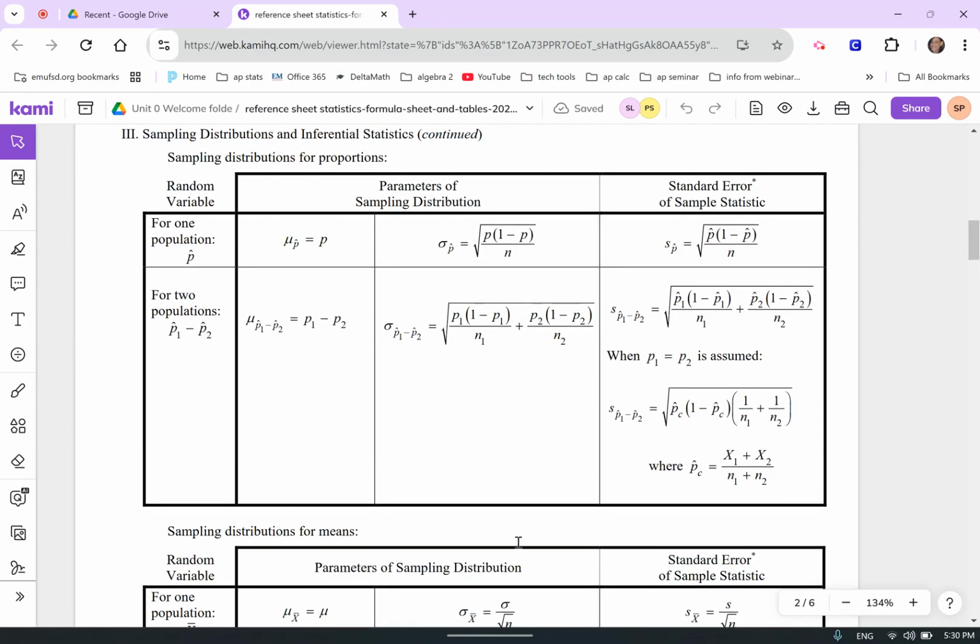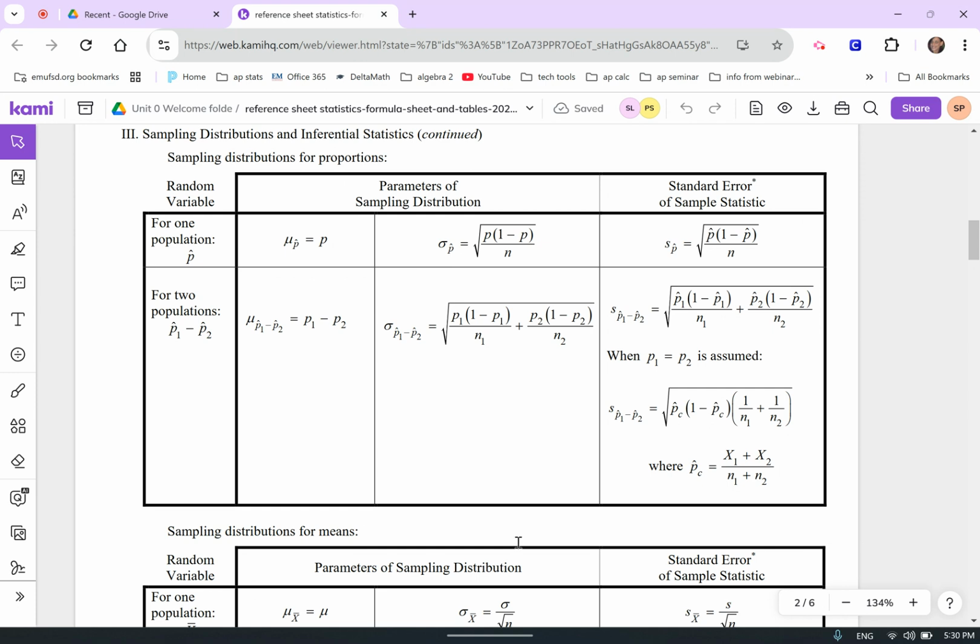We're dealing with one proportion. That first row is what you're going to end up using, and the statistic, or the point estimate, is the p hat. That's the proportion from the sample. The critical value is the critical Z that we talked a little bit about yesterday.